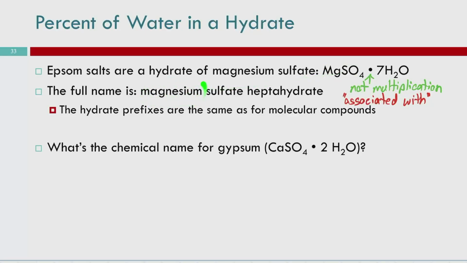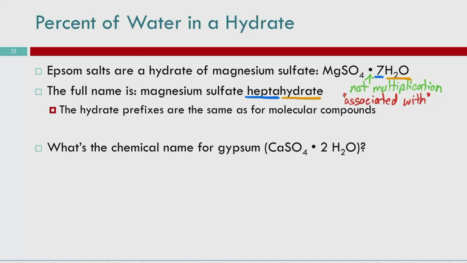It always has the same charge, so we don't have to include the Roman numeral parentheses. Sulfate, SO4 2-, sulfate. And then we name the hydrate part. So the hepta is our prefix for 7. And here in orange, go Tigers, hydrate is what we call waters.